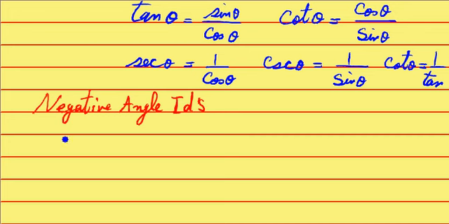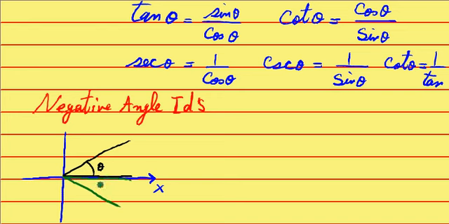Let's go ahead and draw a coordinate system to respond to this situation. Here's my coordinate system. I have, say, an angle here, angle theta, positive angle, and I draw the negative angle. Easiest way to draw that negative angle is just flip it across the x-axis and go in the other direction. So that's going to be negative theta.